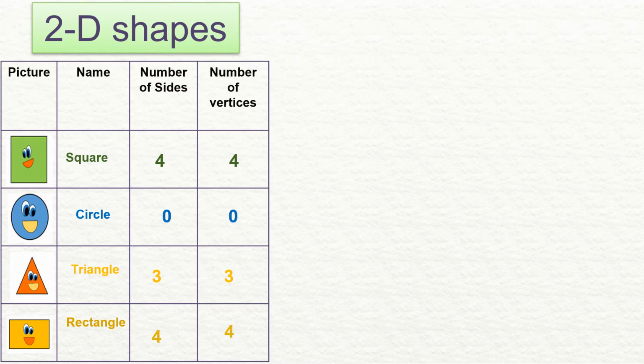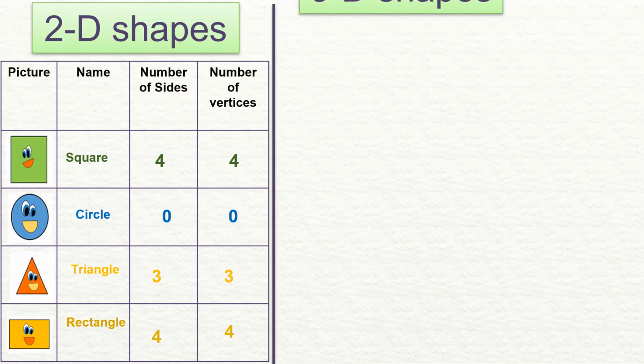We can see that square and rectangle are similar, 4 sides and 4 vertices. So what's the difference between them? The difference is that the square has 4 equal sides. But the rectangle, its 2 opposite sides are equal.